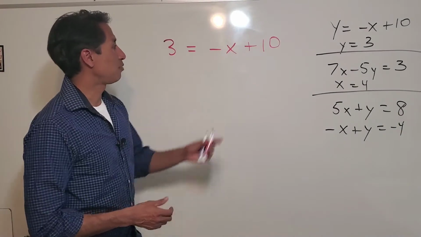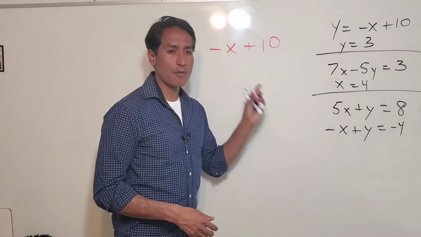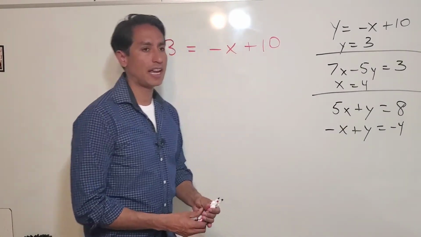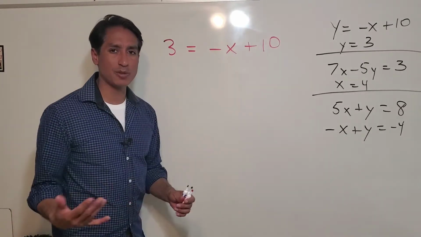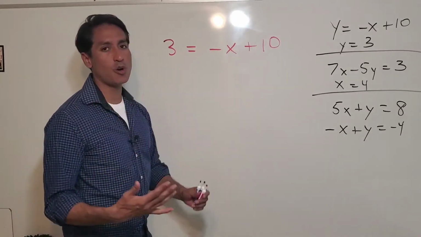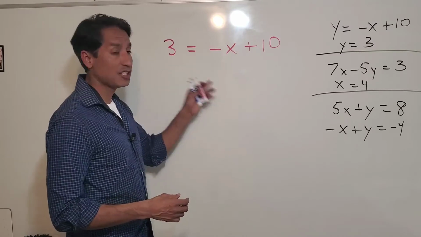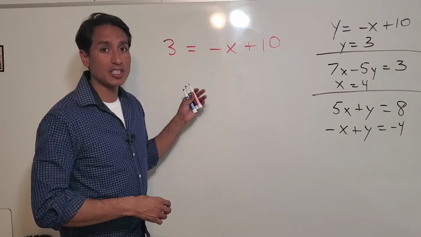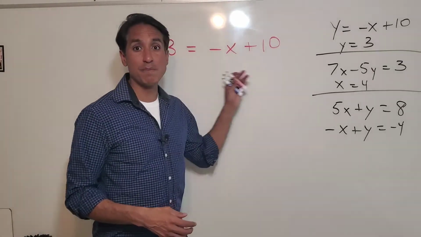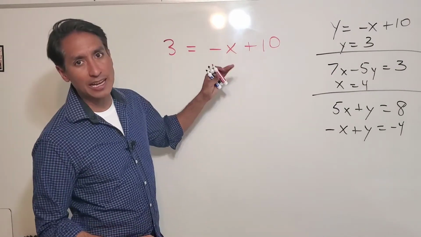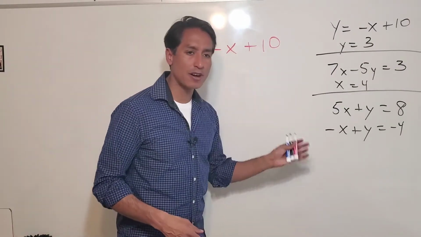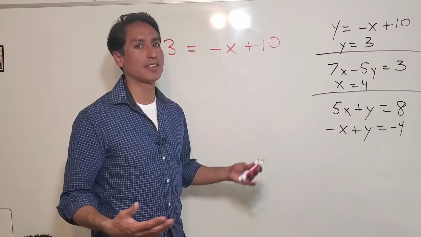Could I just start plugging numbers in and figuring it out that way? Yes. But you're not really solving it the algebraic way, which is so important, because yes, you could eyeball this, but the minute I start throwing in fractions, mixed numbers, square roots, decimals, you're going to be here forever trying to pick out what the answer could be.